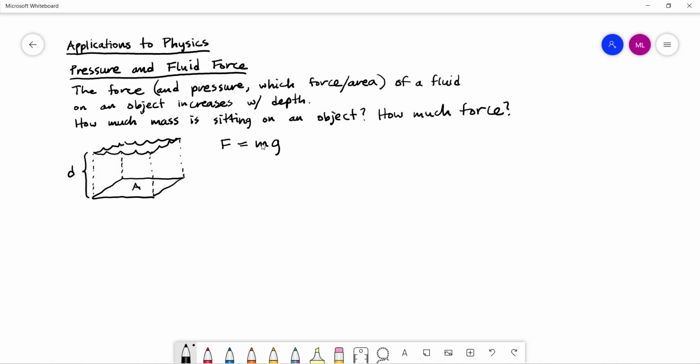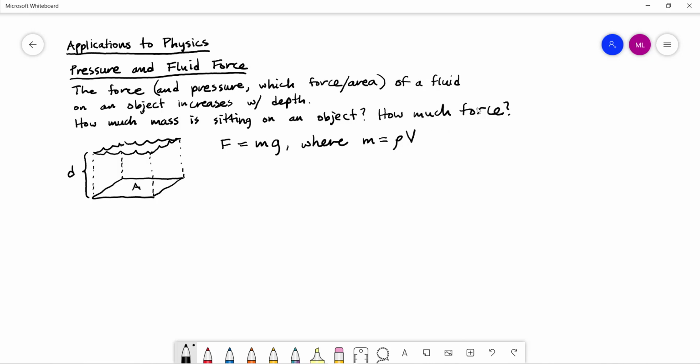So if we can figure out what the mass is, and we know the gravitational constant is 9.8 meters per second squared, or 32 feet per second squared, however you want to approximate that, then all we need to do is figure out this mass. And this mass is going to be equal to the density of our fluid, which we're going to use the Greek letter rho for, times the volume. Rho is our density, capital V for volume.